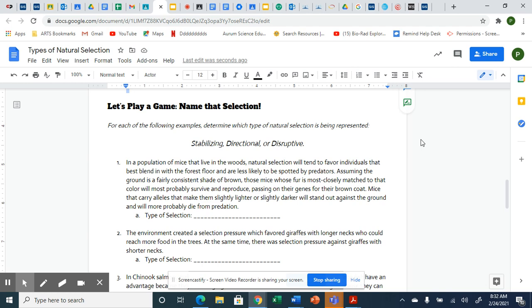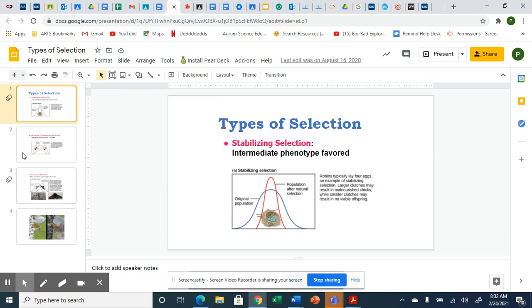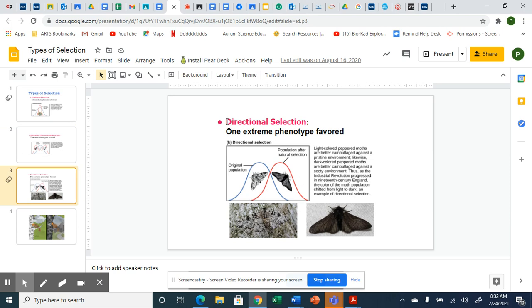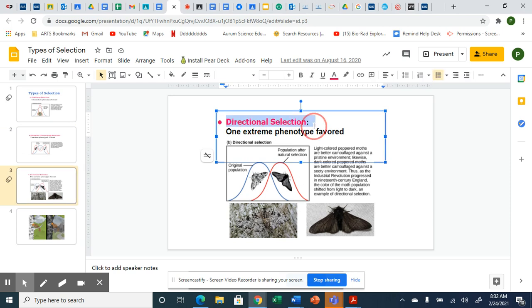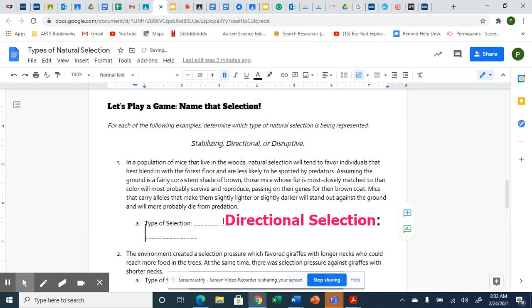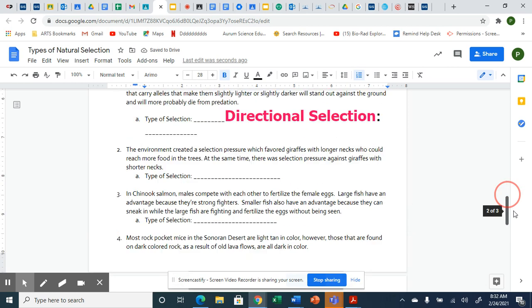So I definitely think that would be our moths. So that's a directional selection.